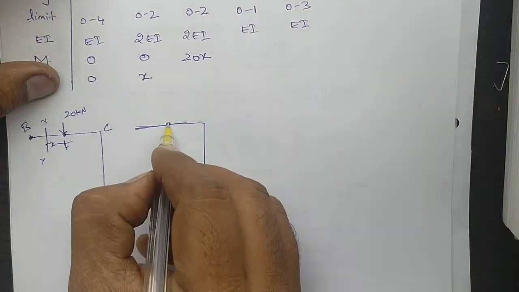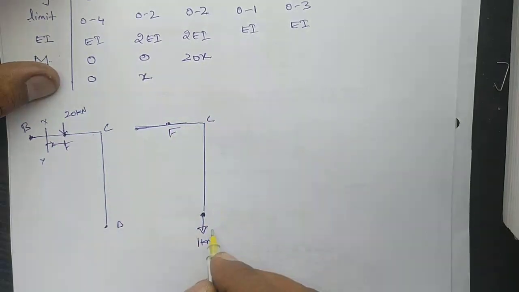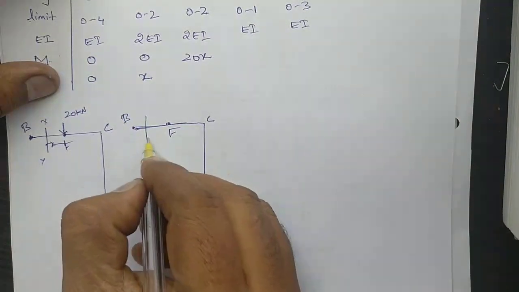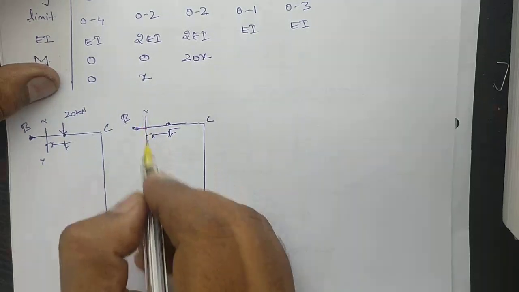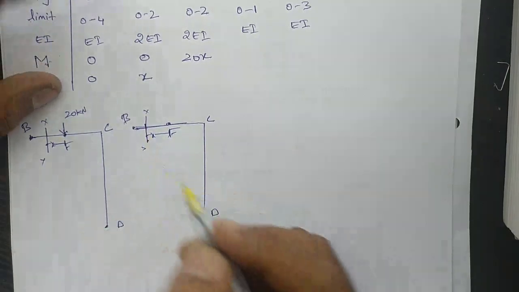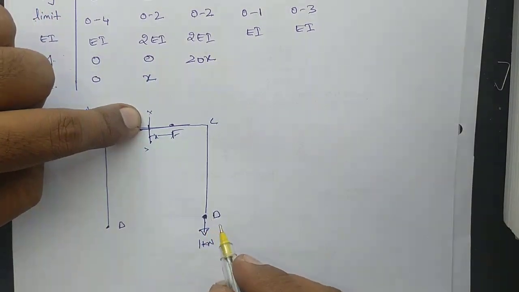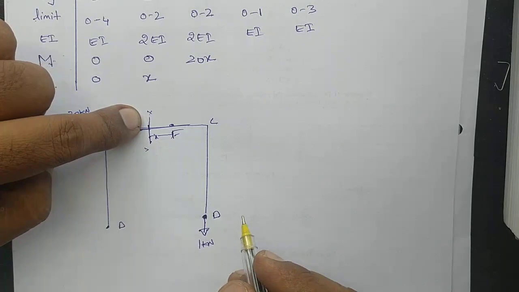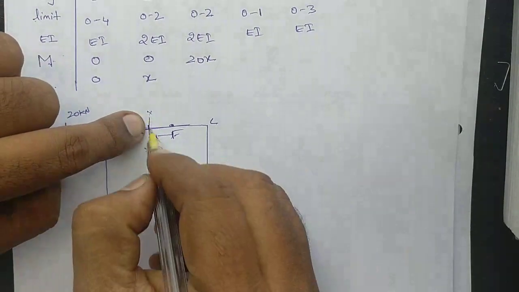This is your F, this is C, this is D, this is your B, your x is here. Now what is the moment, small m, here? Now 1 kilonewton is here. So this will become 1 kilonewton into this distance.